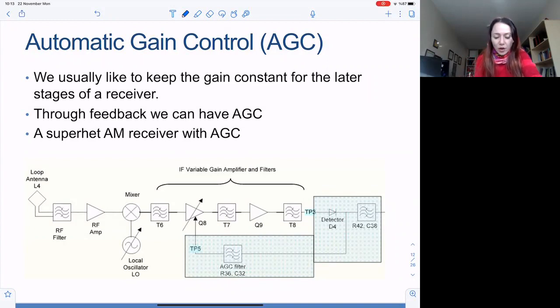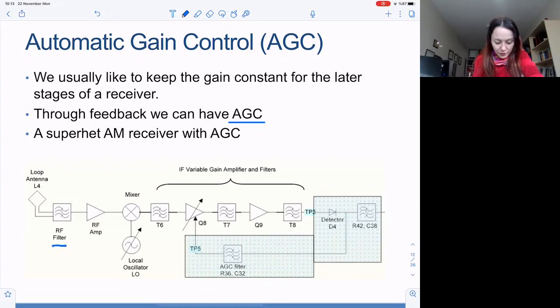But we usually like to keep the gain constant for the later stages of a receiver for proper operation of the filters and other components. So automatic gain control is a method to keep the gain constant through feedback.